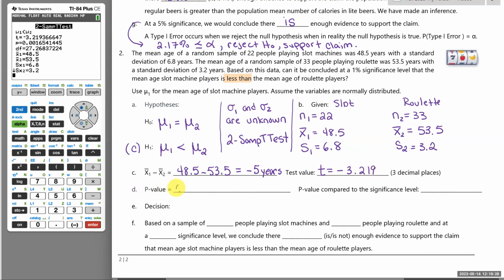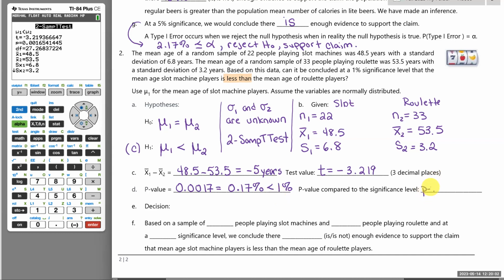And that p-value to 3 decimal places would be 0.017, or 0.17%. And if I compare that to a significance level of 1%, this is definitely smaller.